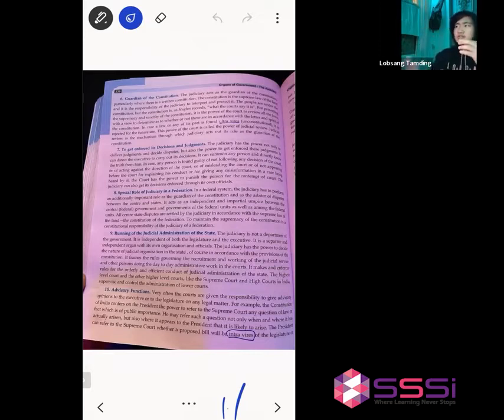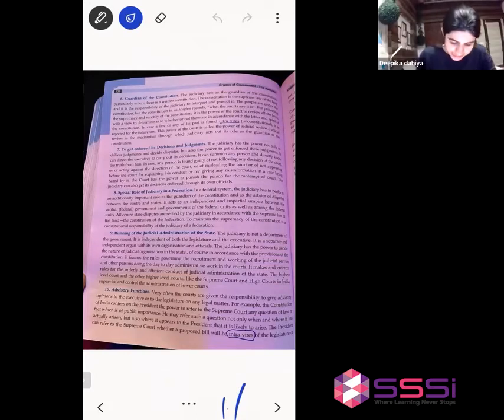So everything is sorted out in a federal state, while unitary has only one court. See, unitary has only one level of government. Federal has multiple levels of government. This is the federal structure.